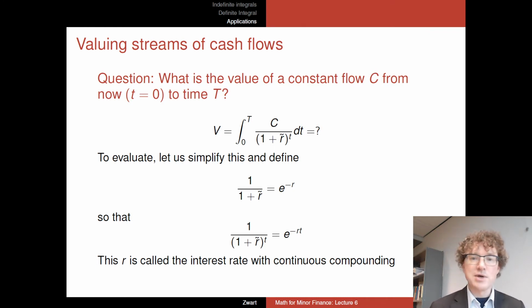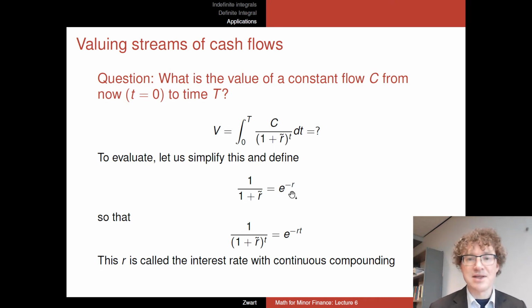So what I would like to do is simplify this 1 divided by 1 plus r to the power t in the denominator by defining a new interest rate, which is related to the old interest rate like this. So I call this thing e to the power minus r. That's basically the way that people operate in continuous time finance.